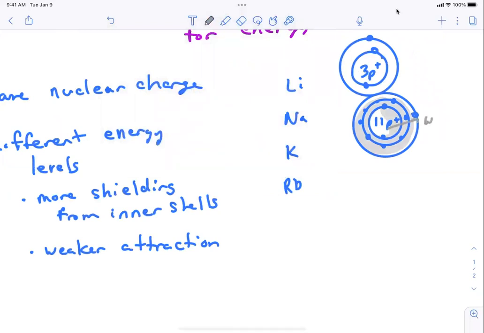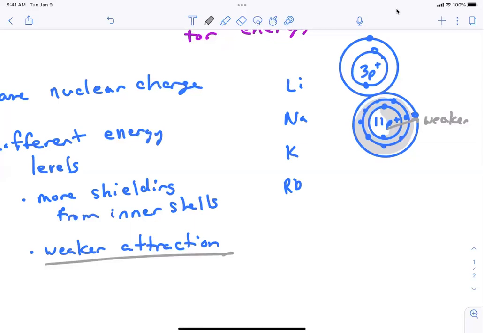So it's going to be weaker than the lithium attraction for its valence electrons. So the inner shells shield that attraction from reaching the outermost shell. So there's a weaker attraction present here.